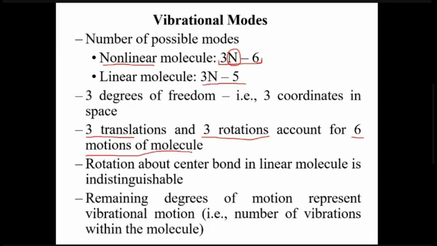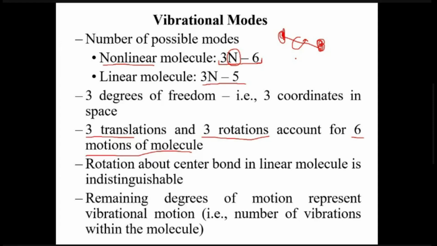Now, rotation about the center bond in a linear molecule is indistinguishable. Suppose there are 2 atoms attached by a bond. The bond in itself is symmetrical, so whether the molecule is rotating along this axis or not, we cannot tell.